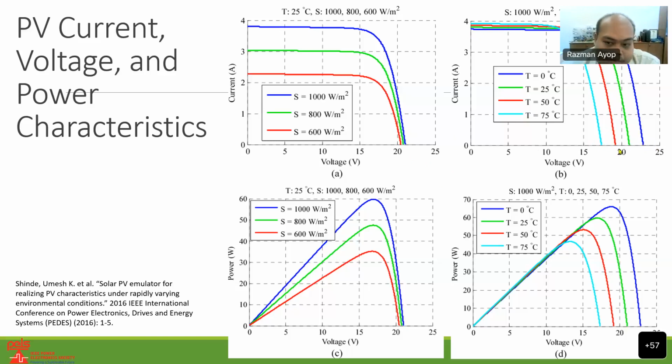So how about the power? You can see here, when the temperature increases, the maximum power that can be produced decreases. You can see the light blue one. That's why we have to maintain a lower temperature for the PV. As I mentioned in my class, most of you are from my class, the floating PV is much more efficient.